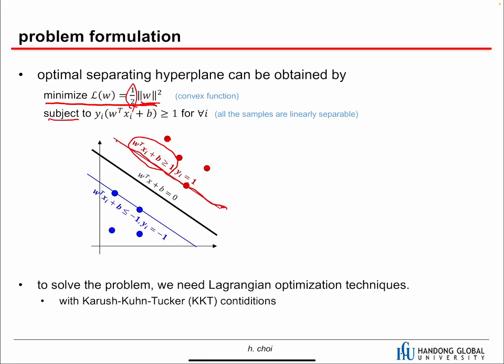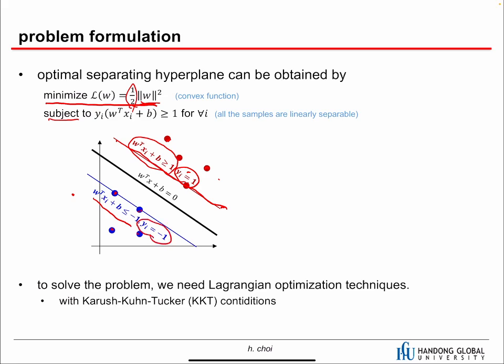Okay, and then in this class, yi is 1. It is a label. In this class, this one should be less than or equal to minus 1. Okay, so this one is minus 1, and these ones are less than minus 1. And then yi is minus 1.